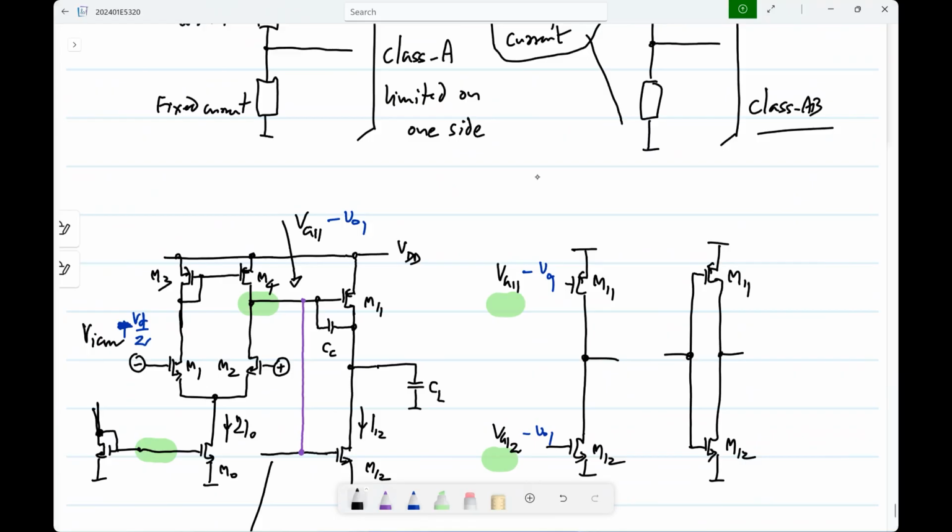So if the transistors were identical, meaning their mu Cox W by L were the same and the threshold voltages were the same, if you self-bias them, it will get biased at VDD by 2, and then you can calculate (VDD by 2 minus VT) whole square, that will be the current.